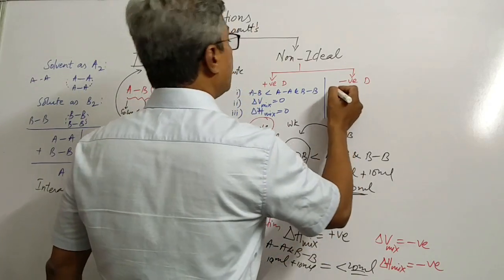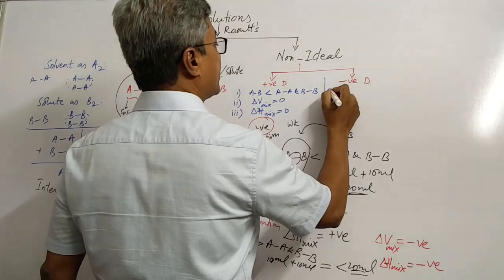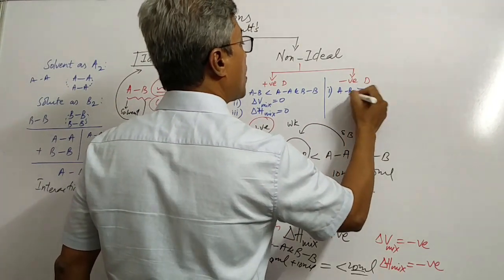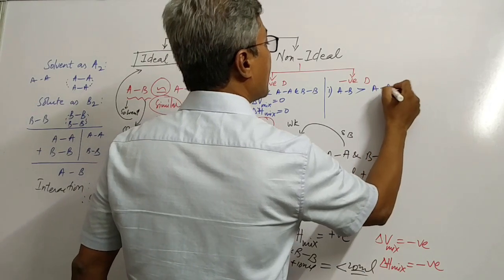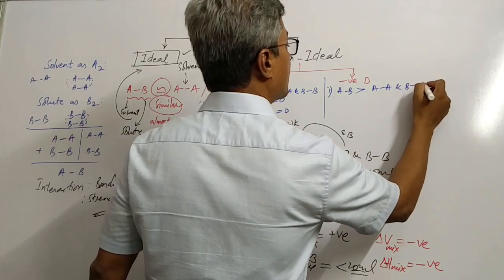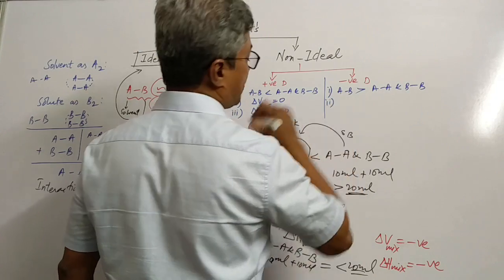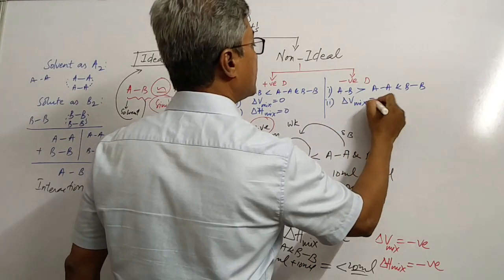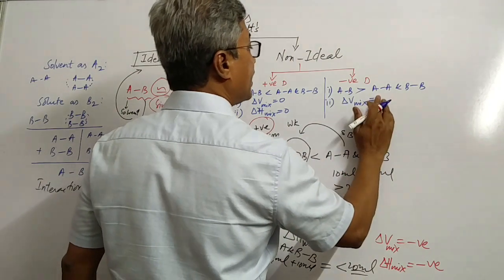And the negative deviation properties are like this. The first condition is this: AB interaction is stronger than AA and BB interactions. Second characteristic property is delta V mixing is, what is this? Less, it is negative.